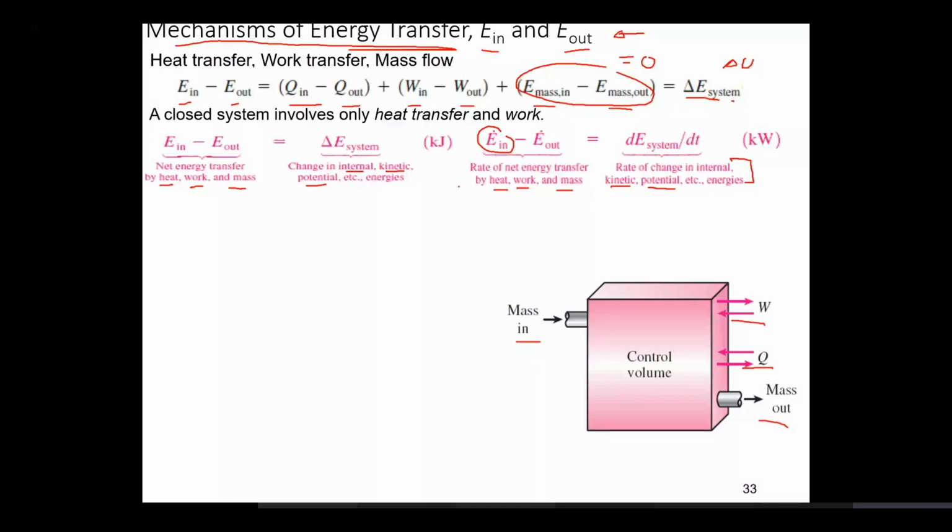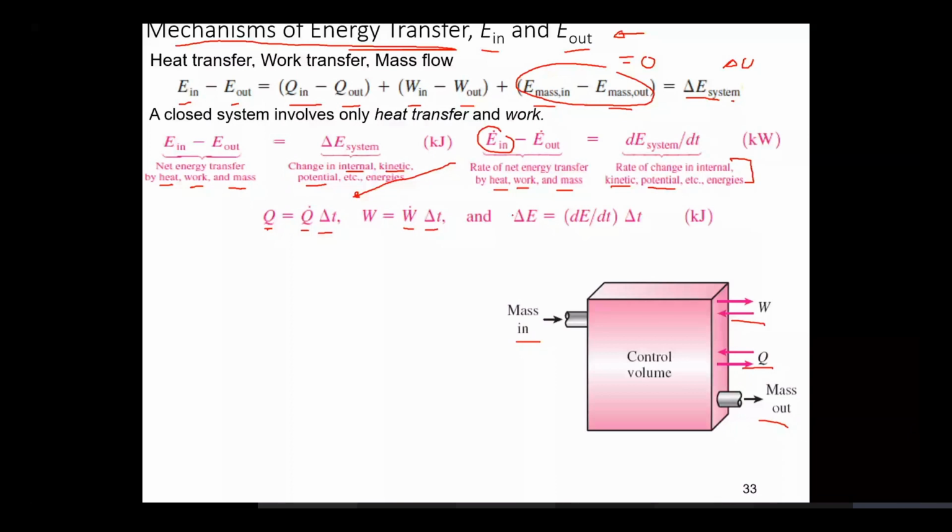This rate equation has the components expressed in this form, where Q, the total heat into the system, is the rate at which heat is flowing into the system multiplied by the time for which it is flowing. Similarly, the work is the rate of work done multiplied by the time for which it is being done. And similarly, the change in energy of the system is the rate of change with regard to time multiplied by the time for which that change took place in the system.